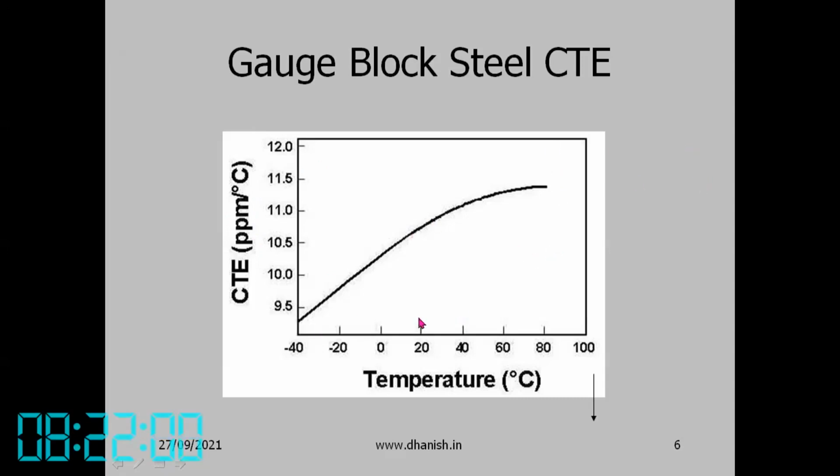But usually our measurements are at about 20 degrees Celsius, so near this value. The temperature may go as low as 15 or so in cold countries, to 40 degrees perhaps in India. So that is the range of temperature. Within that range, again, the coefficient of thermal expansion is a variable.